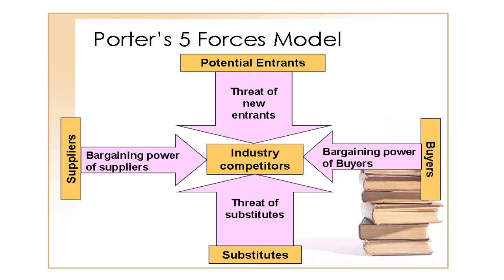Basically, when we are talking about environmental factors, these are also external environmental factors at the micro level, because micro level factors can sometimes be controllable by the company and sometimes uncontrollable.